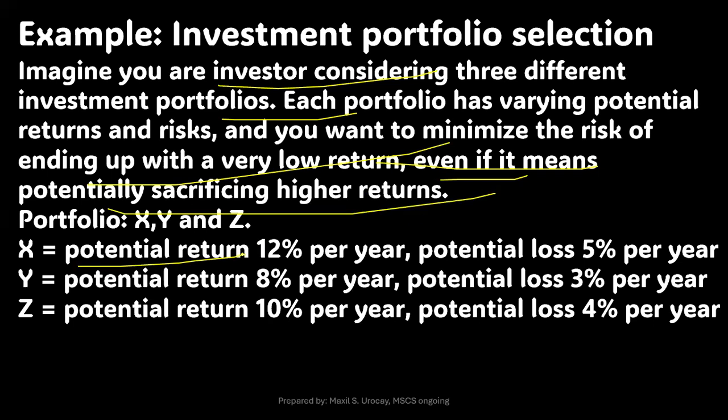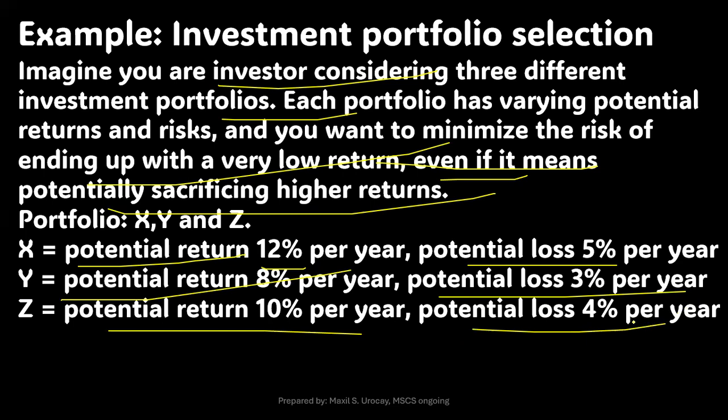So your X has a potential return of 12% per year and potential loss of 5% per year, Y has a potential return of 8% per year and potential loss of 3% per year, and Z has a potential return of 10% per year and potential loss of 4% per year. Identifying the worst case will be 5, 3, and 4, since that is the worst.